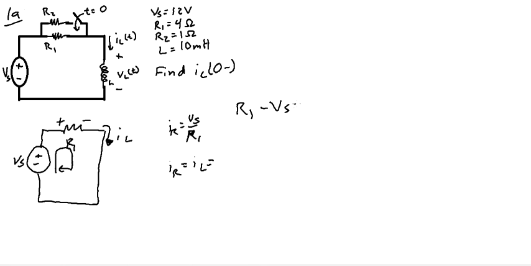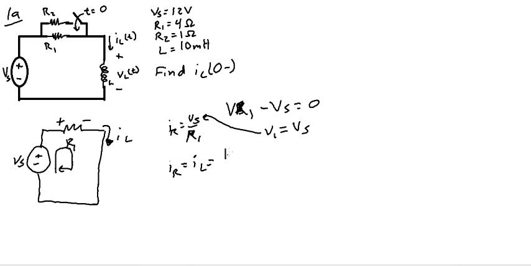So minus Vs equals 0. That should be V1. Sorry. So the voltage across the first resistor is equal to the voltage of the source. So we substitute that back in here. Pretty obvious, pretty simple. Alright, so IR equals IL.